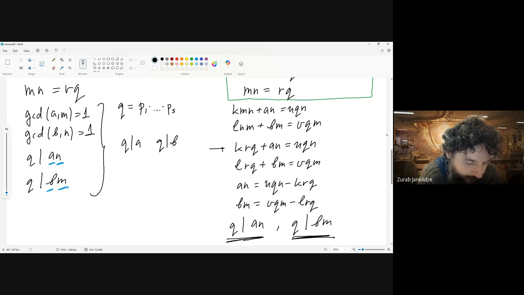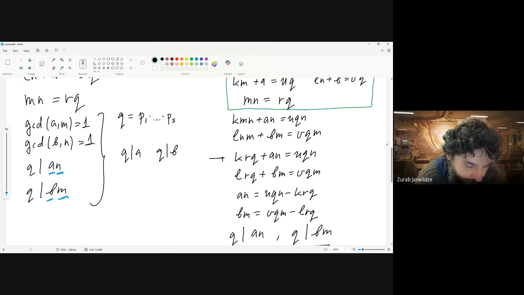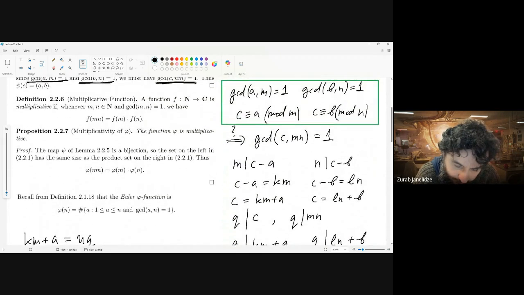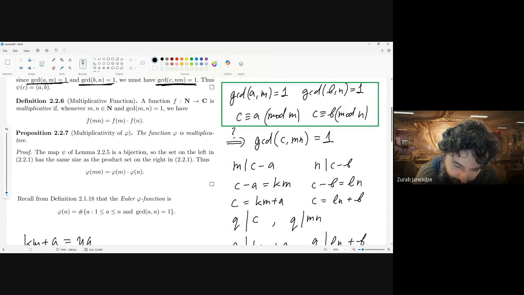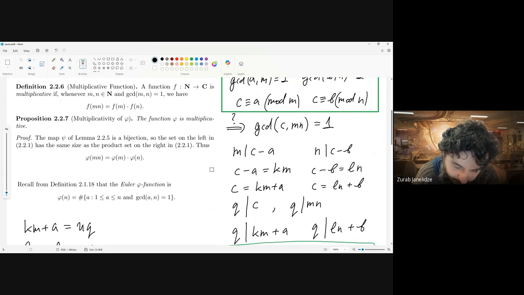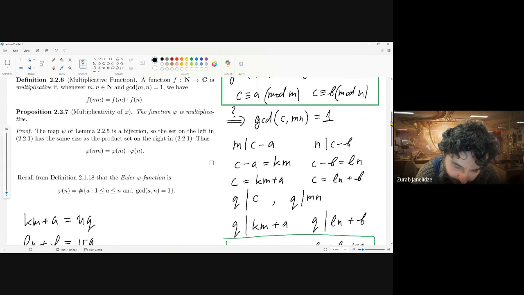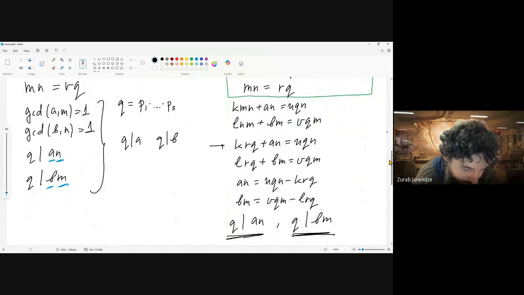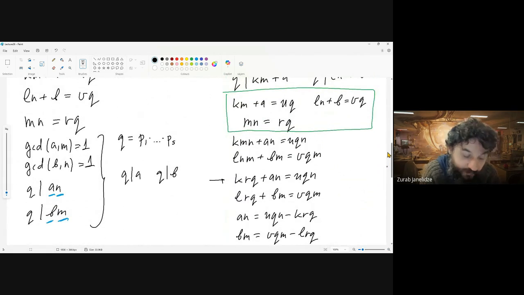Or are they? Well, at least we've made some progress. We now know that Q must divide both A and B. How does that help?